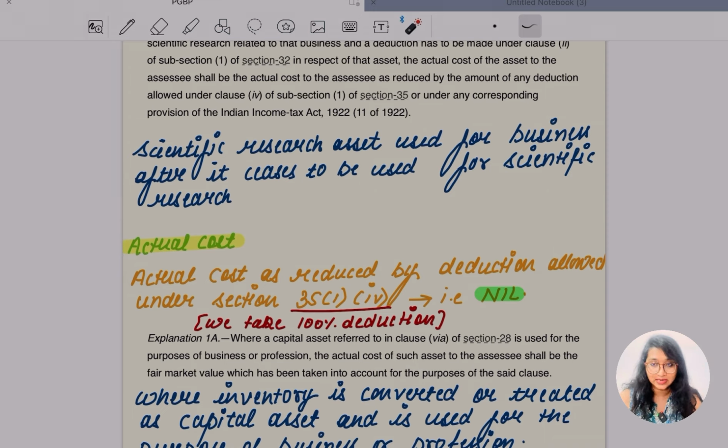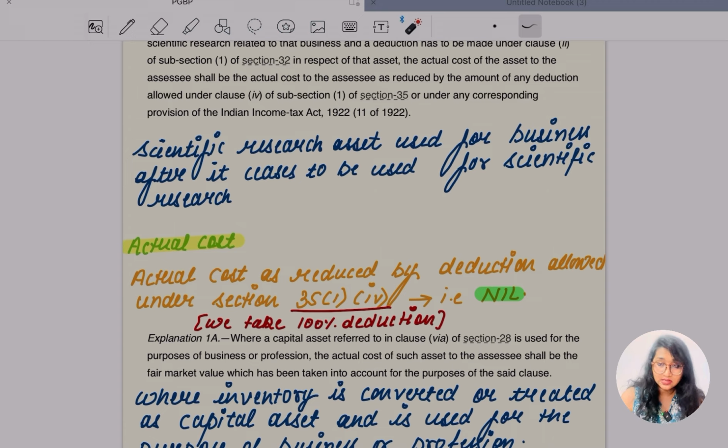The first explanation says: the scientific research asset used for building after it ceases to be used for scientific research. Once any asset is used for scientific research, say for business, and it ceases to be used for scientific research, what is going to be the actual cost of that asset?